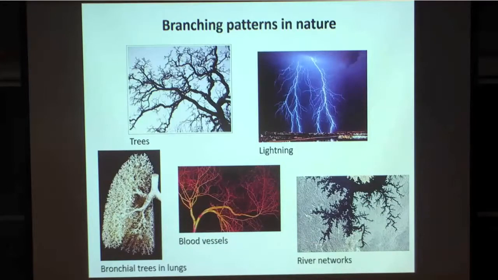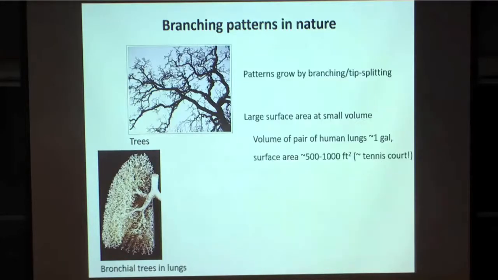Why would nature choose such a structure over and over again? One reason is that these branching structures, which grow through repeated splitting events, lead to structures that have an extremely large surface area but a rather small volume.